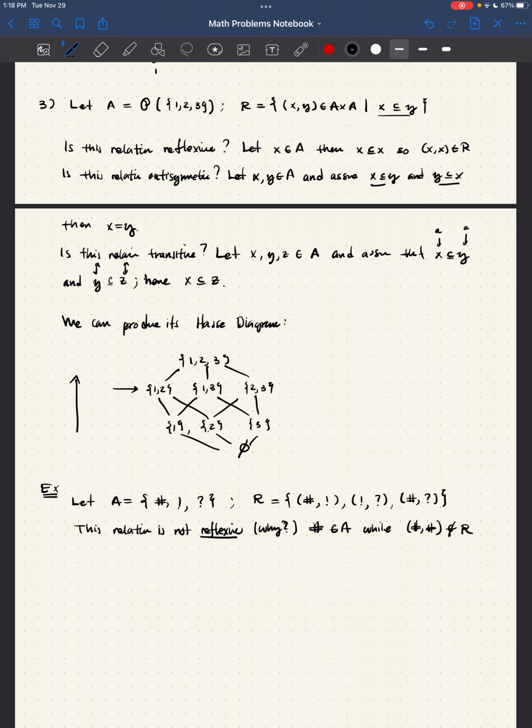Well, is this relation reflexive? I'm sorry, symmetric? Nope. This relation is not symmetric.